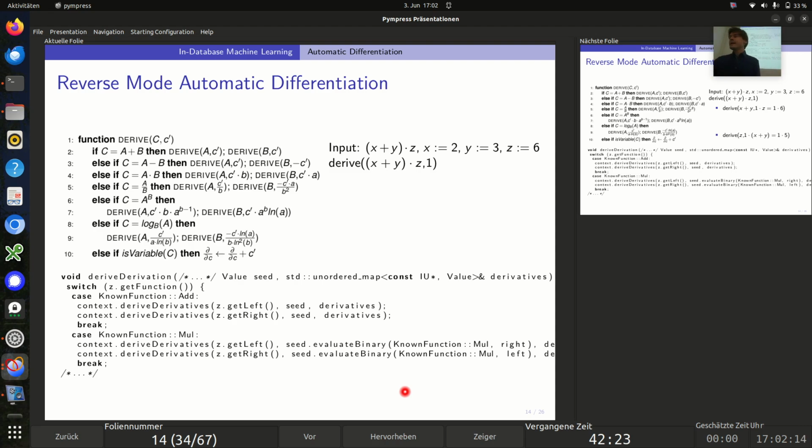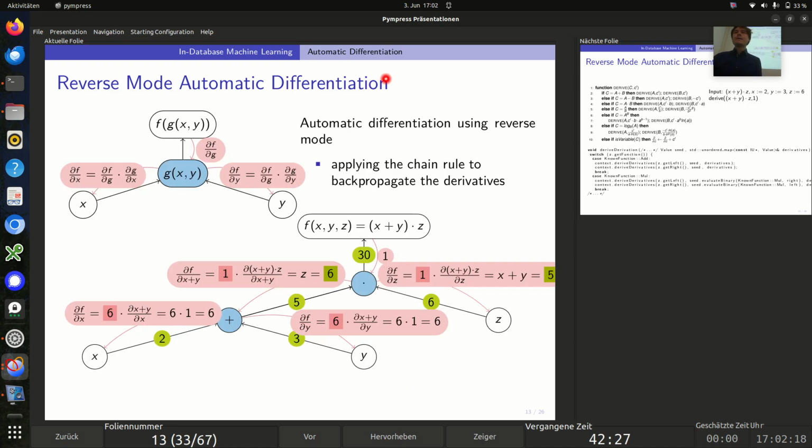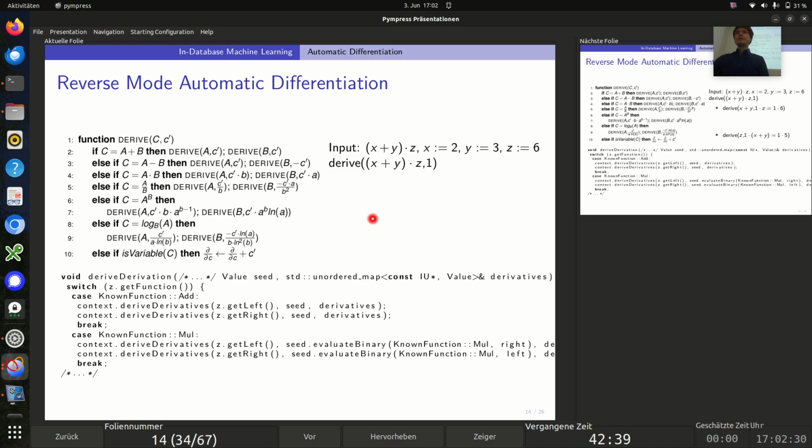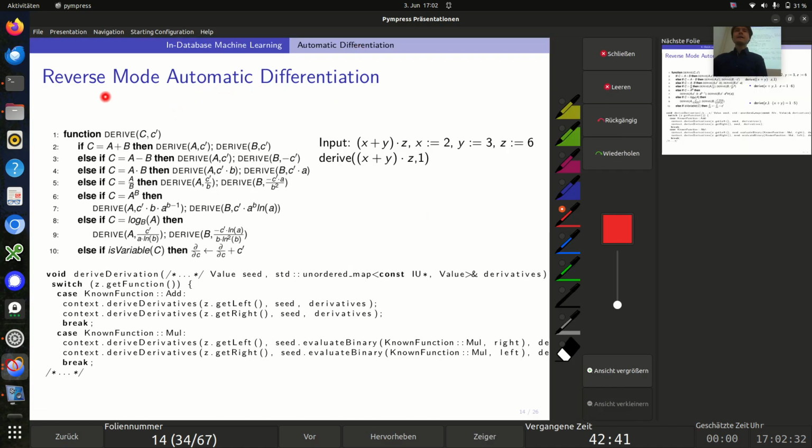I implemented this inside of a database system. The idea is that I get an abstract syntax tree of this expression as input.